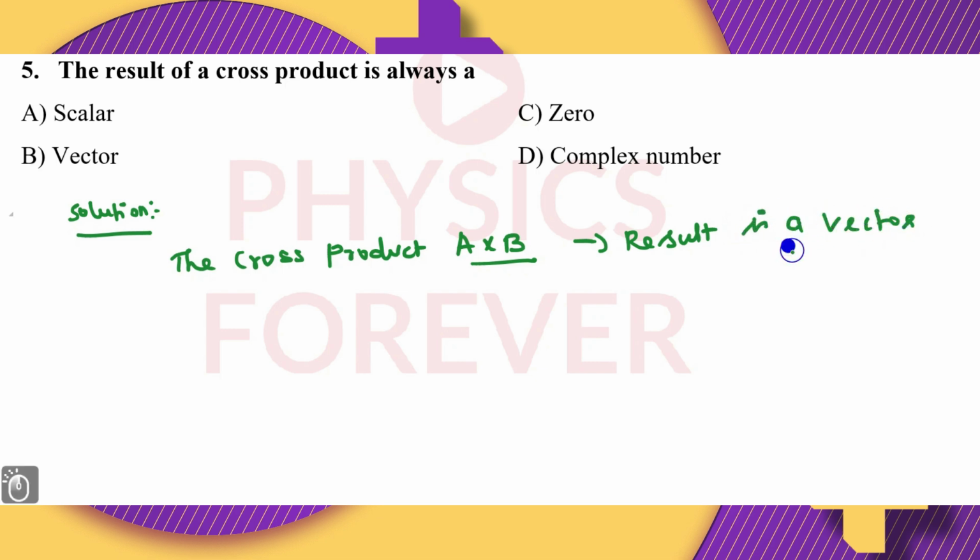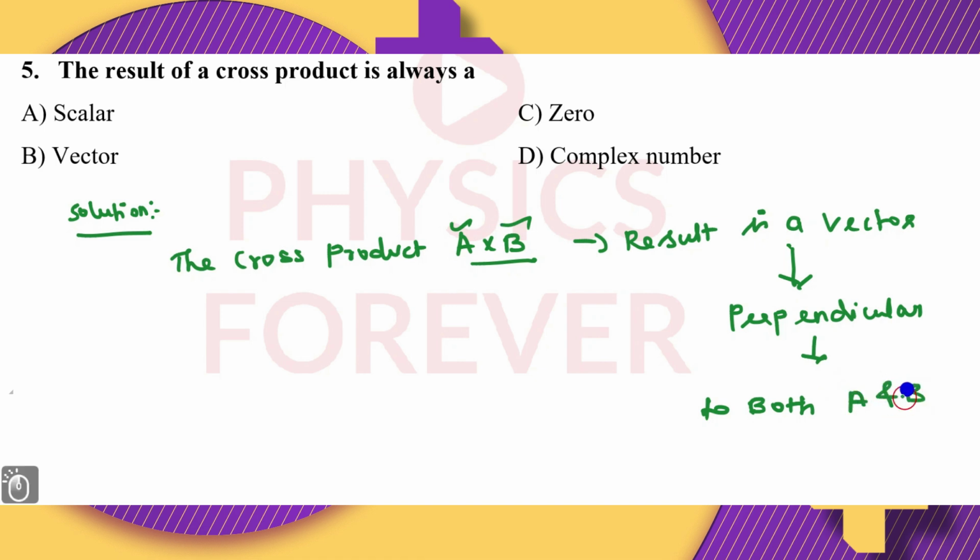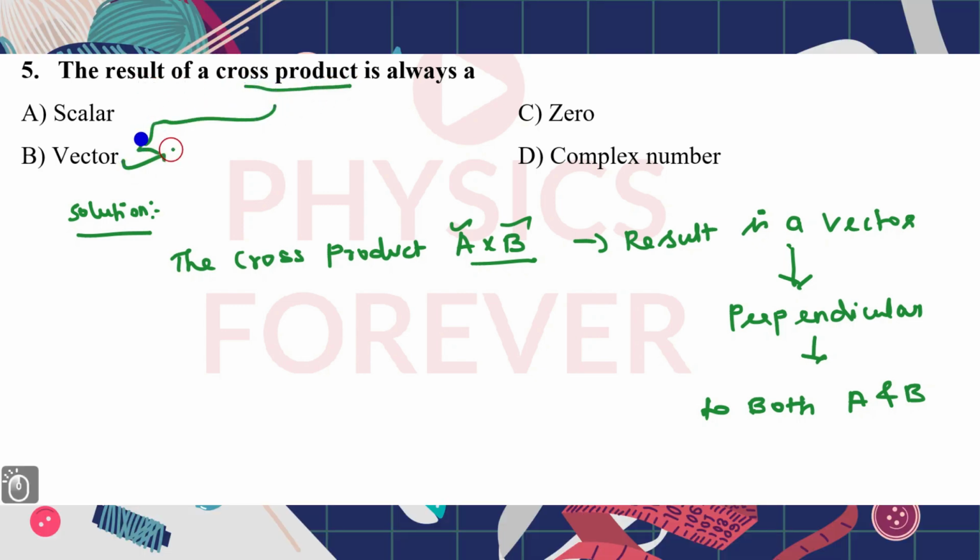The cross product is perpendicular to both A and B. We have to remember this. So the answer will be a vector. The cross product is always a vector. So option B is correct. We move on to the next question.